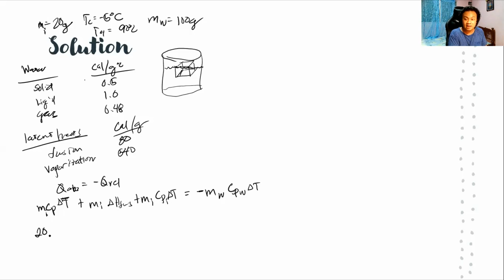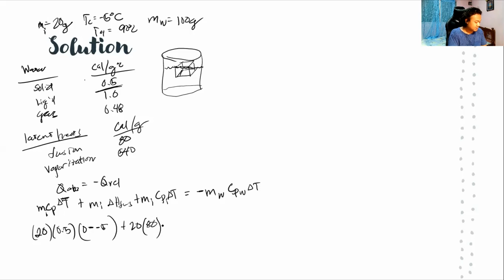The mass of the ice cube is 20 grams, di ba? 20 grams, then multiply that by the 0.5, and then the temperature difference, negative 5, so Tf minus Ti. So Tf is 0, so 0 minus negative 5, that's positive 5. Plus 20 times the h-fuse, which is 80.